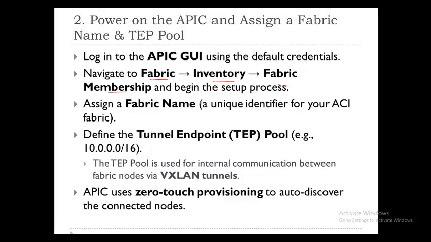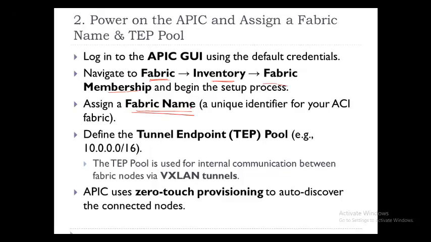Sorry, this is not the switch fabric. This is fabric name. This is not switch name. Now you just go to fabric inventory, fabric membership, and you just give a name for the whole ACI fabric. What name you want to give? Not organization name.